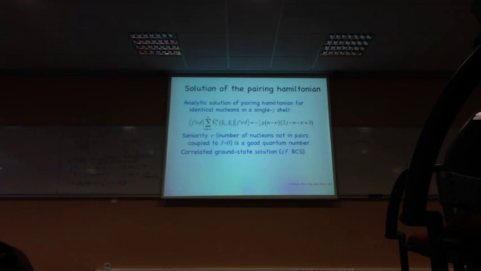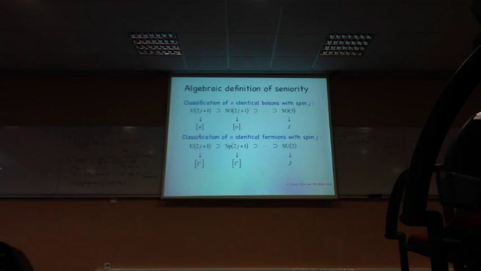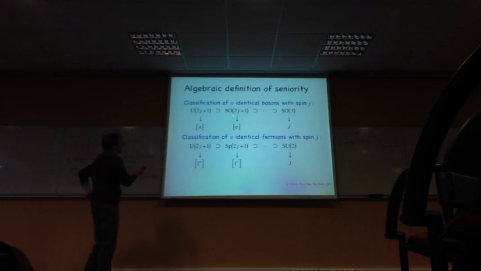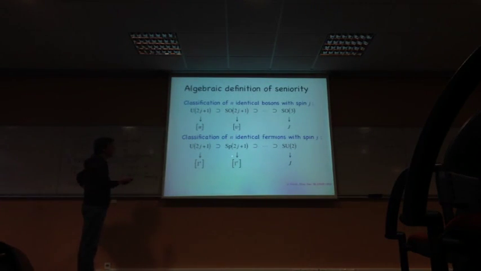So this is a repeat of what I said. It is perhaps worth mentioning, to stress the analogy between the bosons with spin J, where J is an integer, and seniority is associated with an orthogonal group.